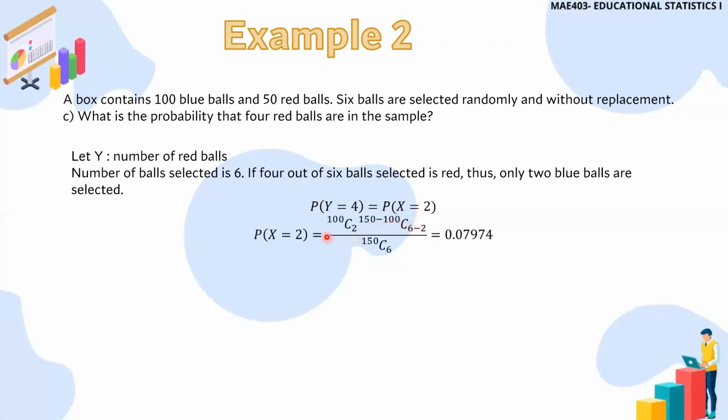Then you can use the probability that 2 blue balls are selected: 100 choose 2 times 50 choose 6 minus 2, divided by 150 choose 6. Here you can see that the classification is the blue color, which is 100. So the probability of 2 blue balls selected is 0.07974.